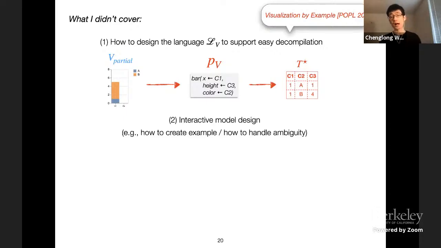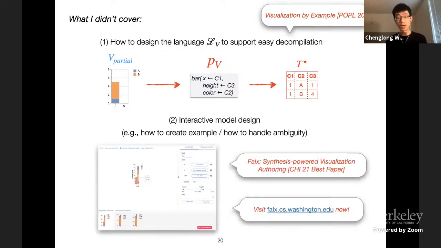Another thing is how we build an interaction model to support practical problems, like how to create examples and how to handle ambiguity from the user. This is something we built in our Kai paper. You can also take a look at the tool on our website to see how it works in practice. With this, I'm happy to answer any questions.